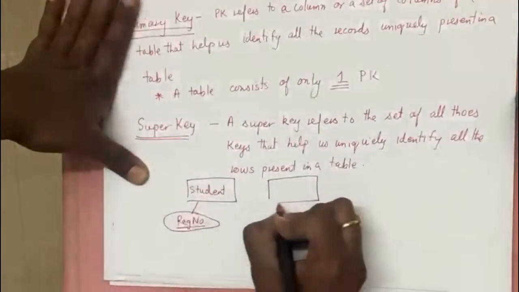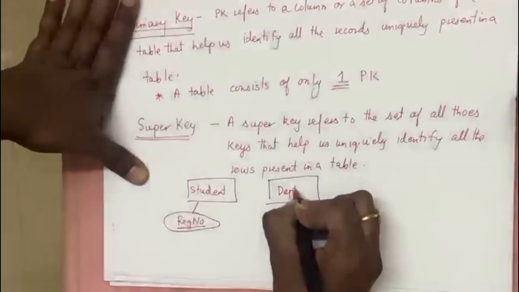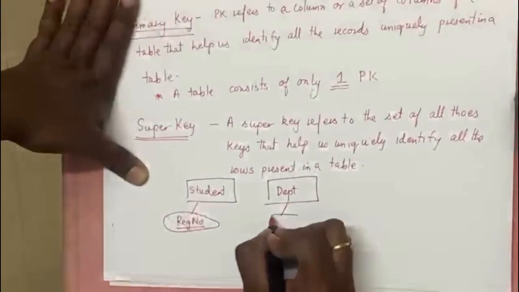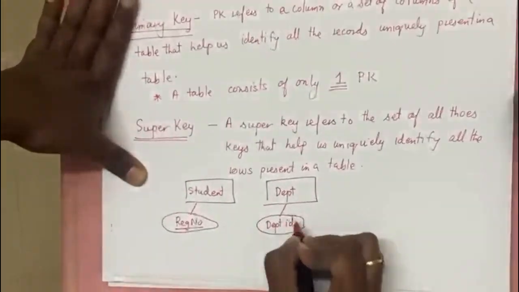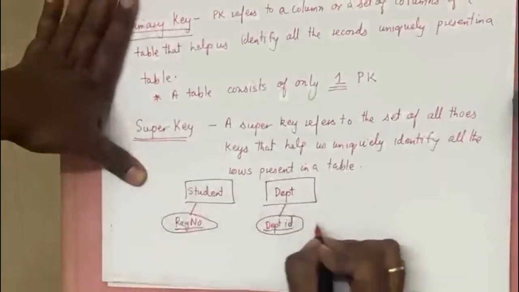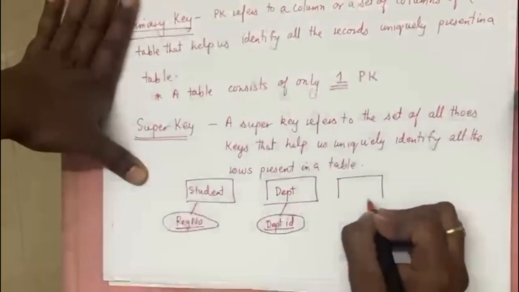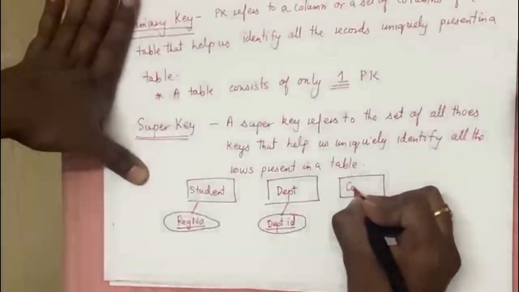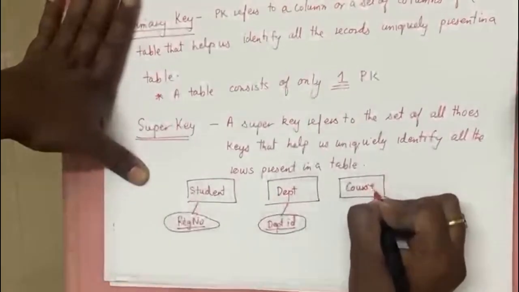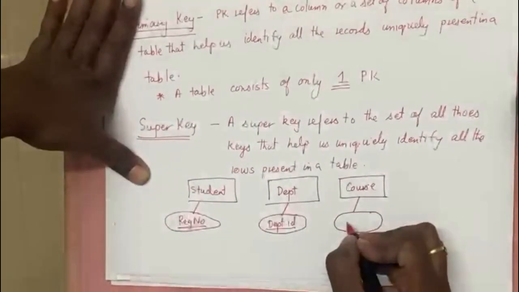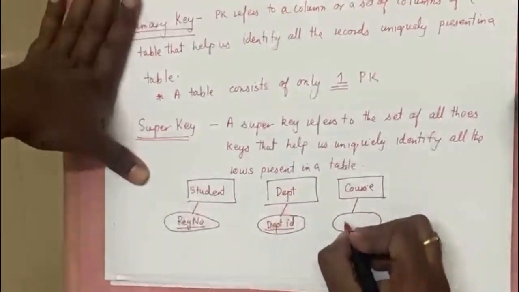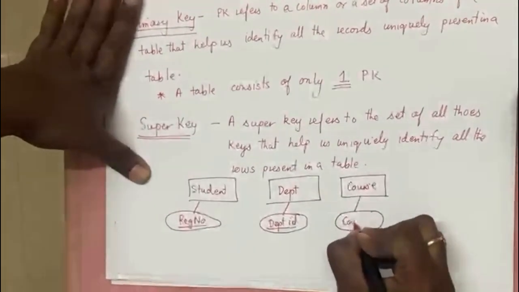Then I have department as a table, and in this I can uniquely identify each department through its department ID. Same thing, I can have a course where I can represent each and every course, like BTech Computer Science, BTech Electronic Communication, like that, with a course ID.